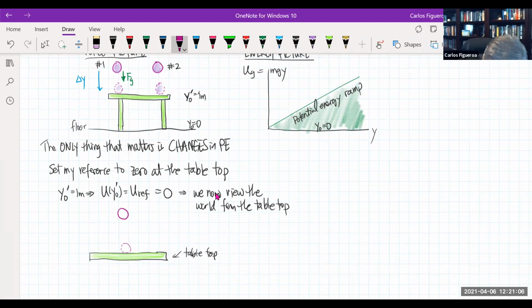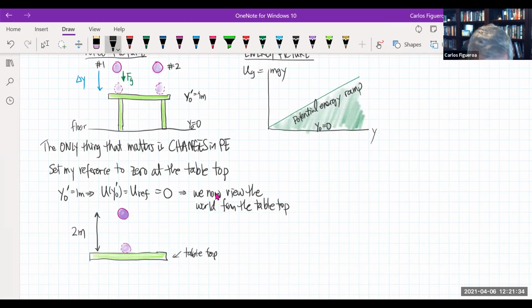So here's where the ball starts, and then here's where the ball's going to end. I'm going to say that the height change from here to here is then going to be 2 meters. So when I look at the potential change here, what do I see?